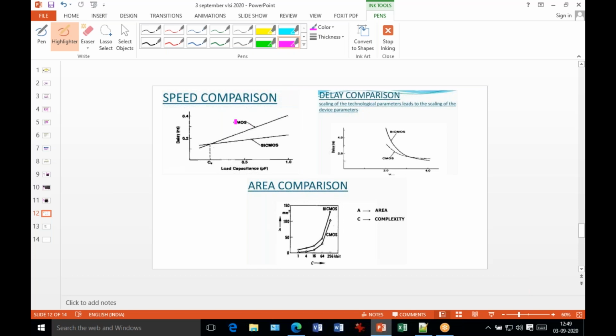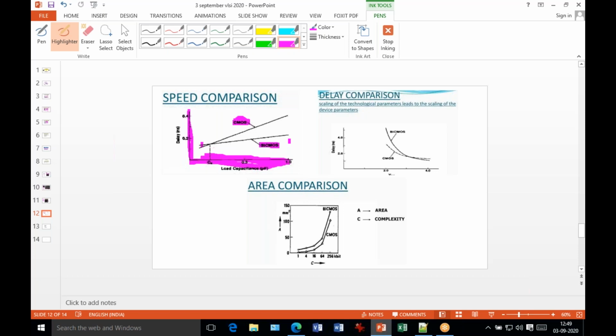So here, this technology, if you compare, this is a CMOS and this is a BiCMOS. This is a curve we are plotting: this is the output load capacitor, and this side is the delay. So here delay is less in case of BiCMOS. But if you increase the load capacitor, your CMOS technology has more delay.